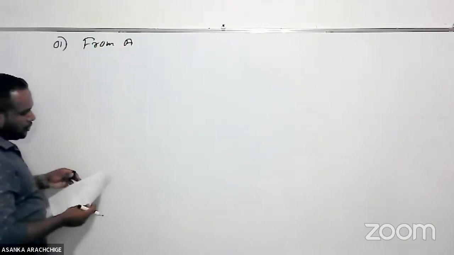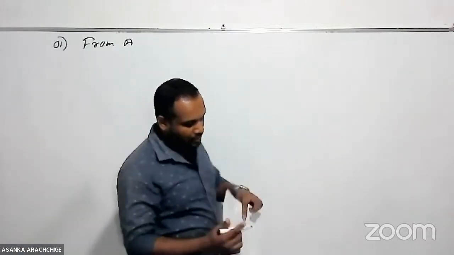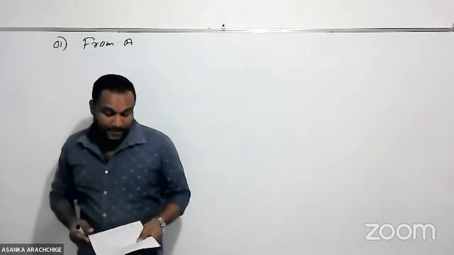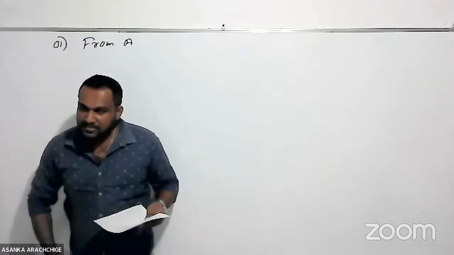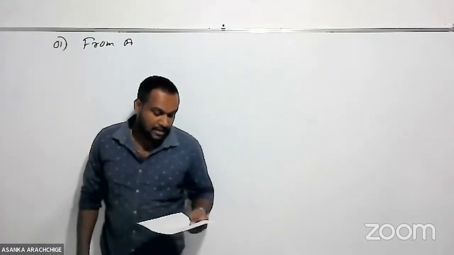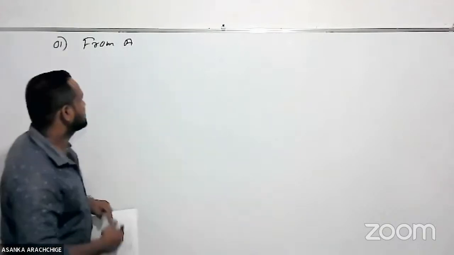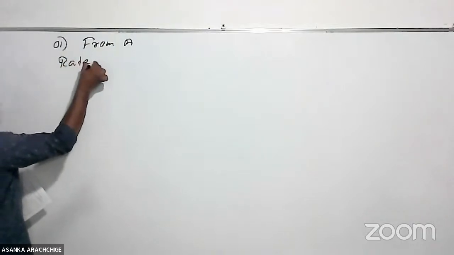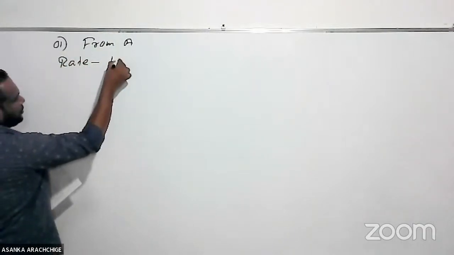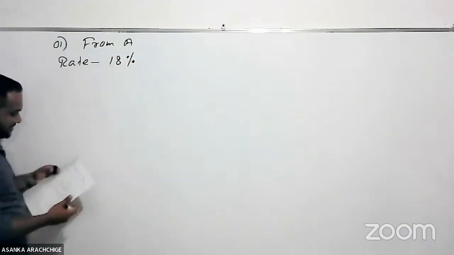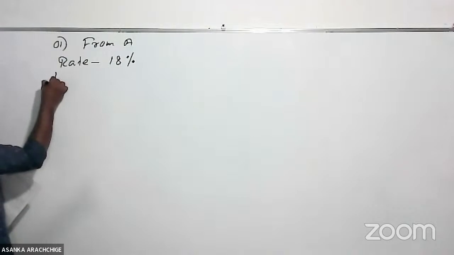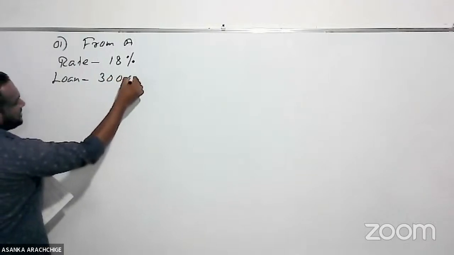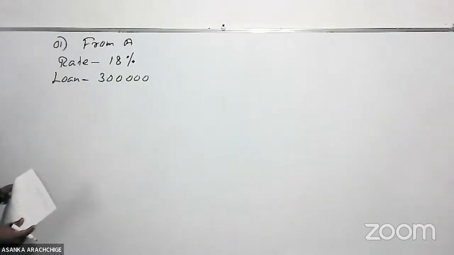If this person takes the loan from institution A, he has to pay the interest under reducing loan balance. The annual rate of interest is given to be 18%. The loan amount is 300,000 rupees. මෙයා ගන්න පුතේ 300,000 rupees, right?